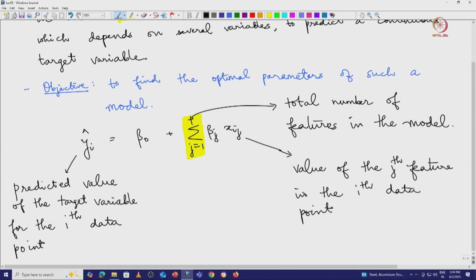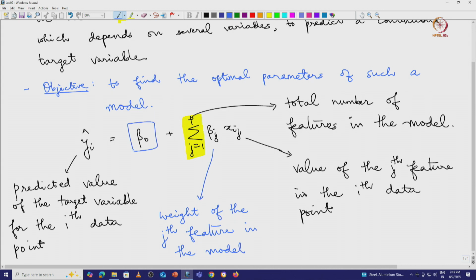Okay. So we have defined almost all the terms. There is one particular term that we have not yet defined, and that is beta, and this beta is referred to as the weight, right, and beta j is the weight of the jth feature in the model, right. So now what is this beta naught?